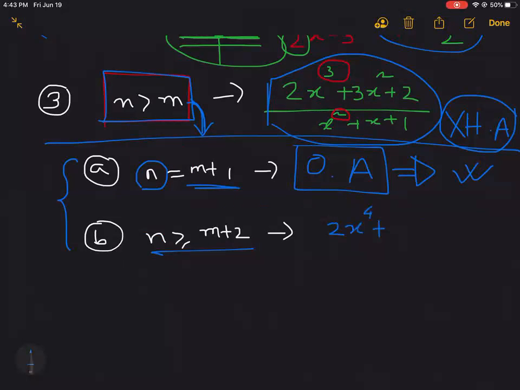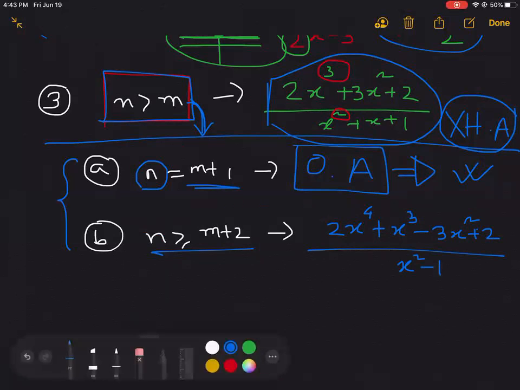We'll just take the same example like the previous one. Let's say like this, okay? It's also in this category. So you can straight away say that we don't have any horizontal asymptotes, no doubt about that.